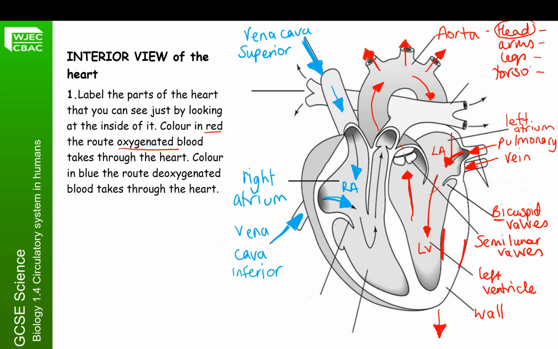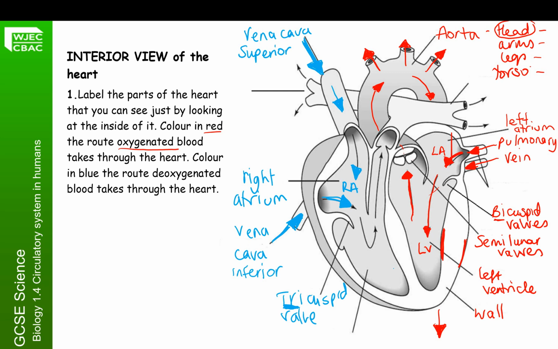It goes through a set of valves here, and these valves are called the tricuspid. Now, if you remember rightly, we said the valves on the left-hand side are called the bicuspid because they've got two attachments where they attach. So what do you think tri means? Tri should be 3, okay? So there are 3 attachments.